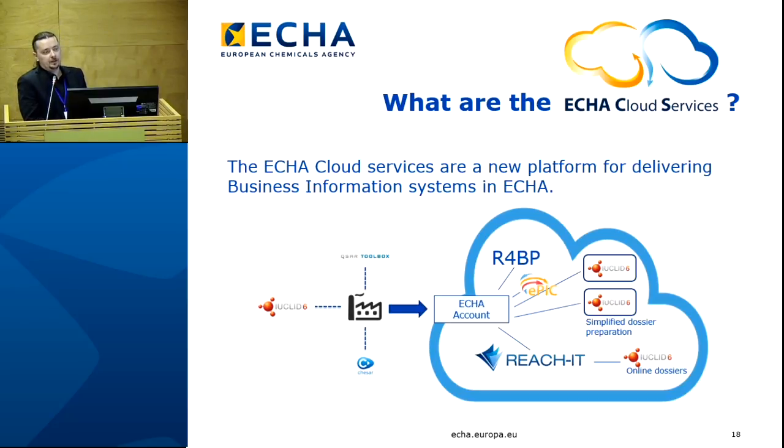The main idea with the providing of IT software into the cloud is that we can reuse the authentication mechanisms that we already use for all our other software. So with the same account information, so the same account you're using for ReachIT, R4BP, or for example EPIC, you can also now access the cloud to use it from there. So you don't need to have any kind of other type of authentication.